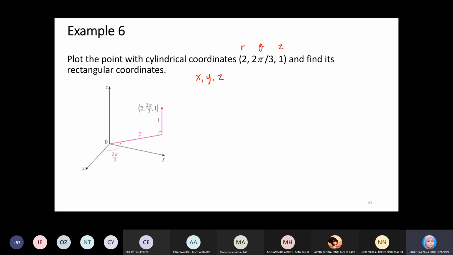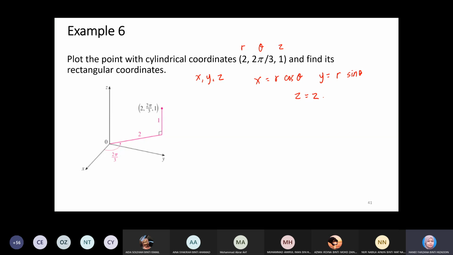How do you do that? x equals what in terms of r and theta? r cos theta. And y equals r sin theta, and z is just z.